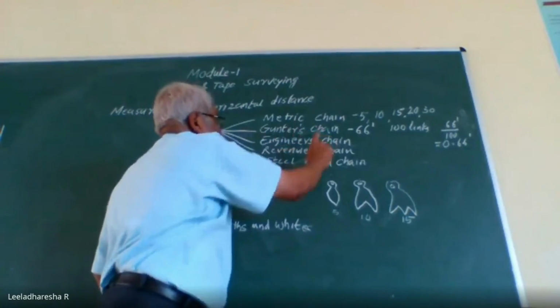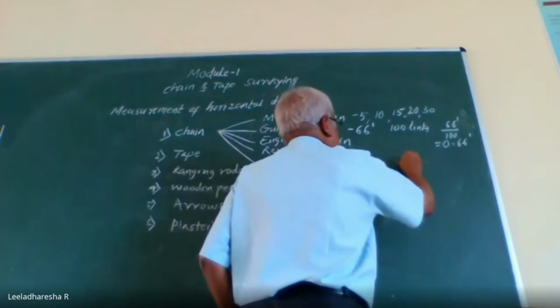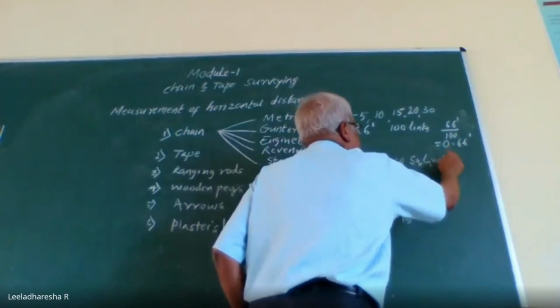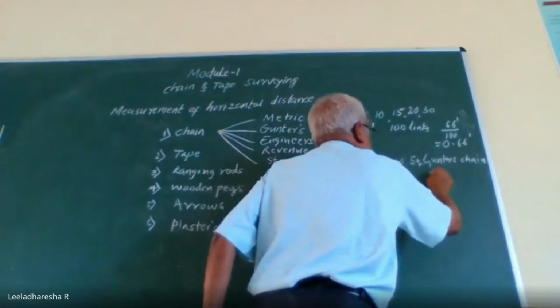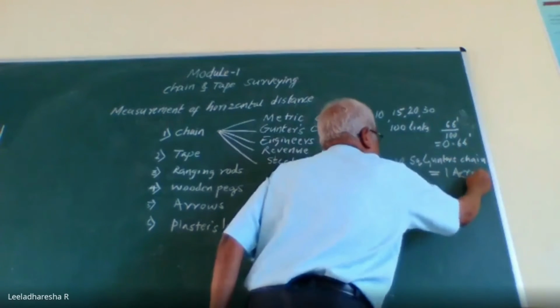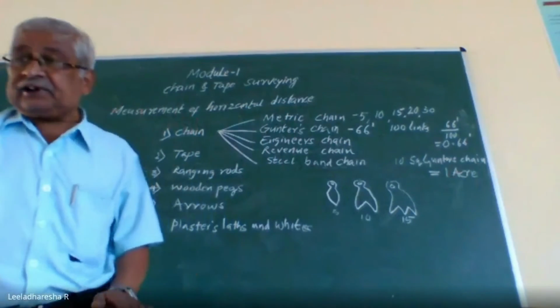One of the main advantages of this is 10 square Gunter's chain is equal to 1 acre of land. See, even nowadays we measure land in acres.